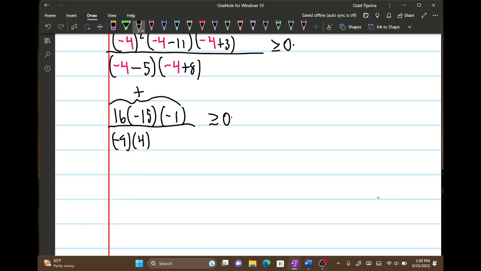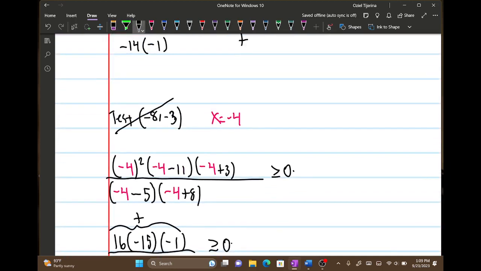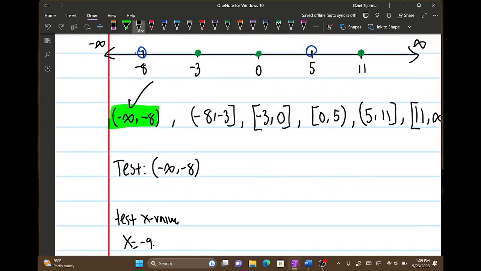So really this is positive. We don't really have to know what it is, as long as we know it's positive. We only have to know if it's positive on the top, and then it's over a negative. So we know that the answer will be negative. Therefore, this is not greater than or equal to 0. So the interval from -8 to -3 cannot work. So far, the only one that's working is -infinity to -8.